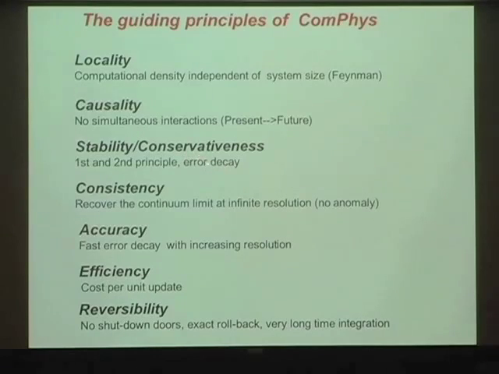Otherwise you have an unstable algorithm. So this is a very general guideline. If you have conservation principles in your physics, and if you have, as you normally do, an evolutionary principle, which is entropy growth or anything related to that, you better make sure that your numerics reflect that.